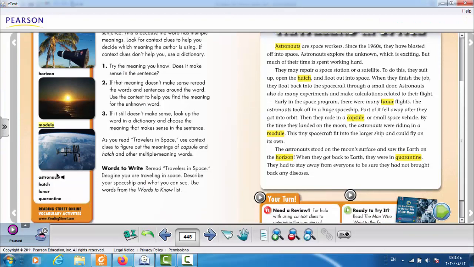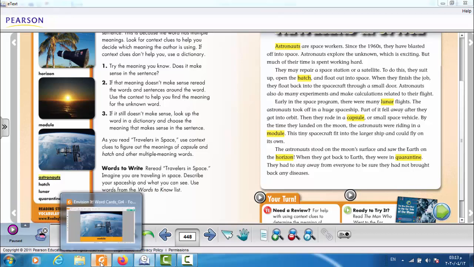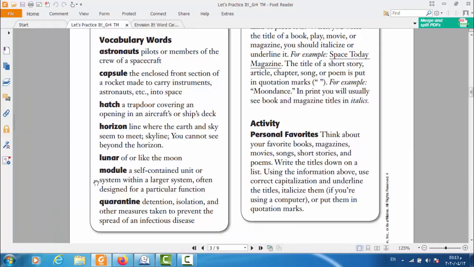The next one: astronauts. What are the astronauts, guys? The astronaut is a pilot, or a member of the crew. Crew means people that work together, a team that works together, of a spacecraft. So an astronaut is a pilot or member of the crew of a team.